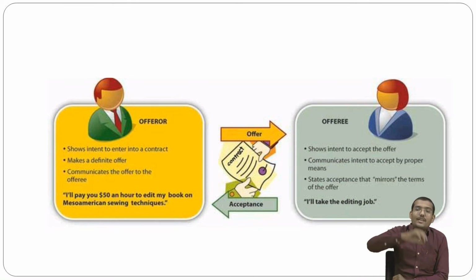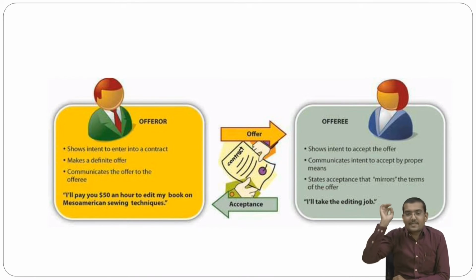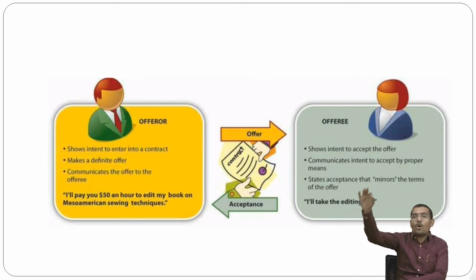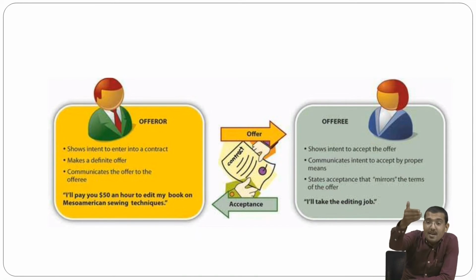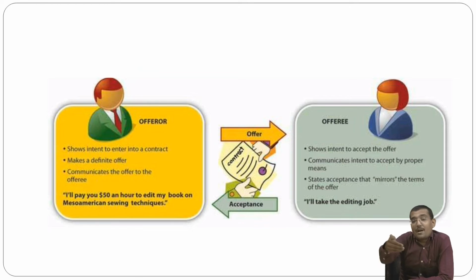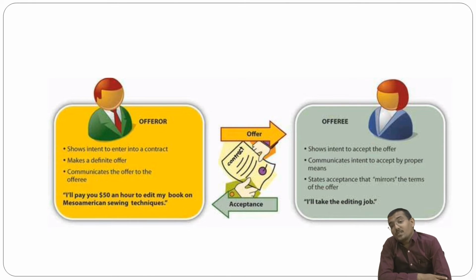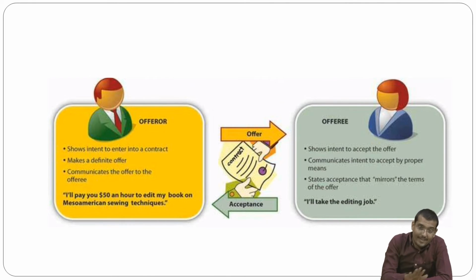So when you give that particular equation, agreement is equal to offer plus acceptance. Then agreement plus enforceability by law is equal to contract. So this is the definition of the offer, acceptance, agreement, enforceability by law, and contract.